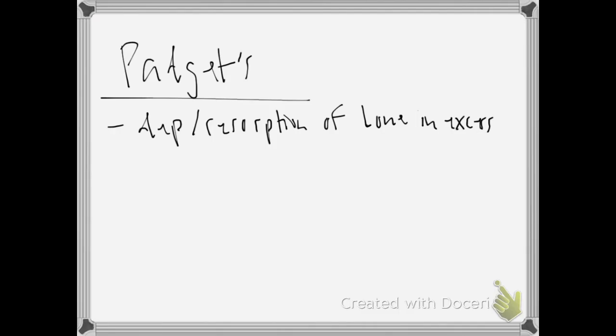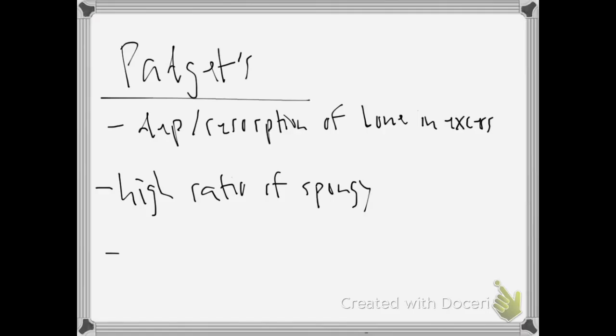And what's that going to lead to? A high ratio of spongy bone to compact. Spongy bone has those big holes and stuff. The compact bone's a lot more dense. So these bones aren't very strong. And we think this is caused by a virus.